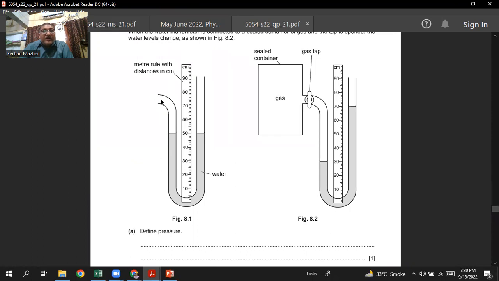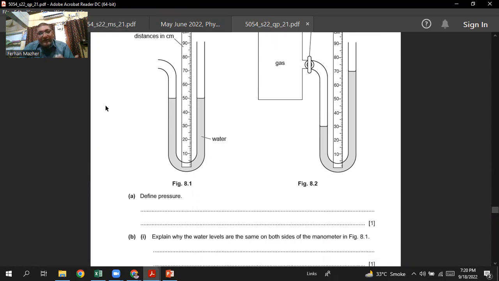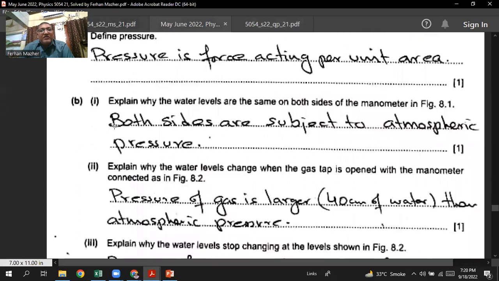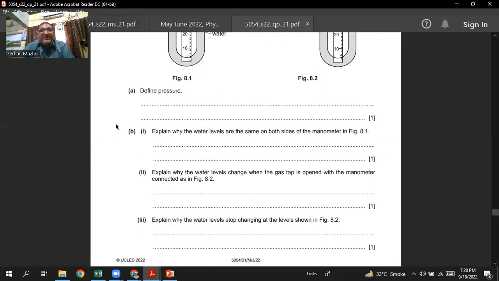In the figure 8.1, both these limbs of the manometer are opening to the atmosphere. So both the limbs are subject to the atmospheric pressure. So that's why the level of the water in both the limbs of the manometer is the same.